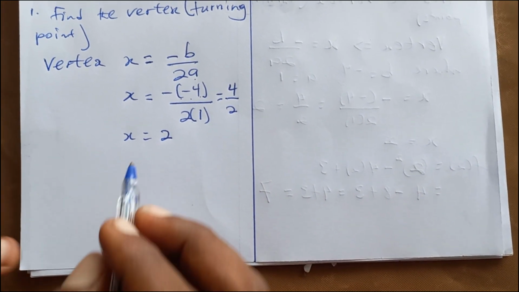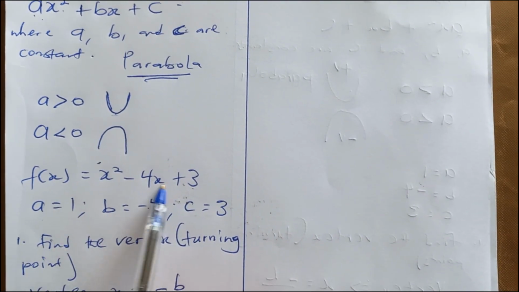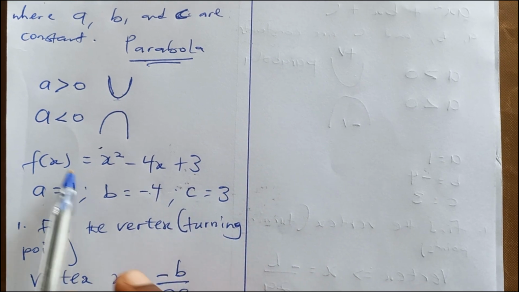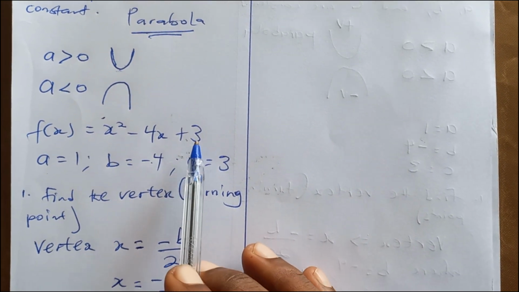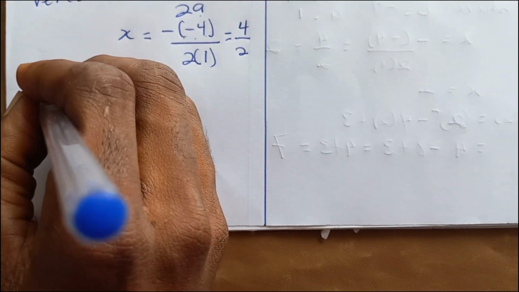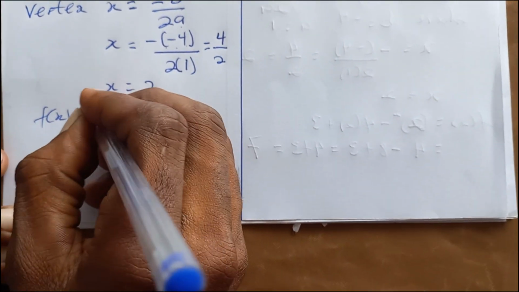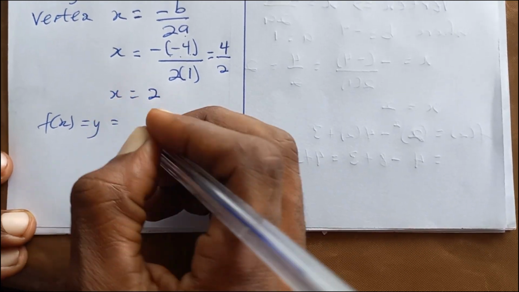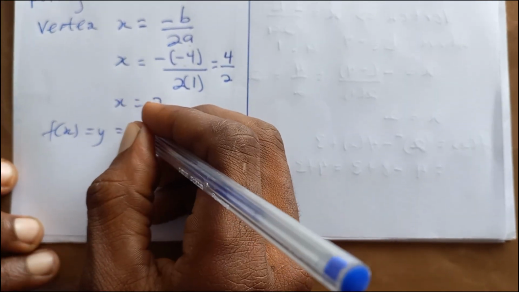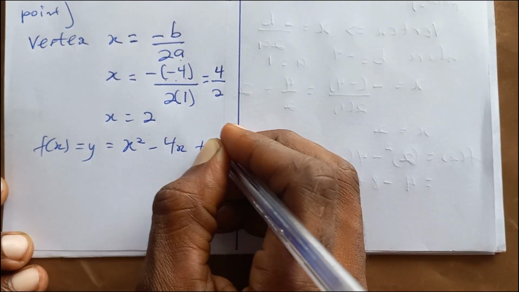We then put x is equal to 2 into the original equation to get the value for y. Don't forget, we can write f of x, which is the same as y, and is equal to x squared minus 4x plus 3.